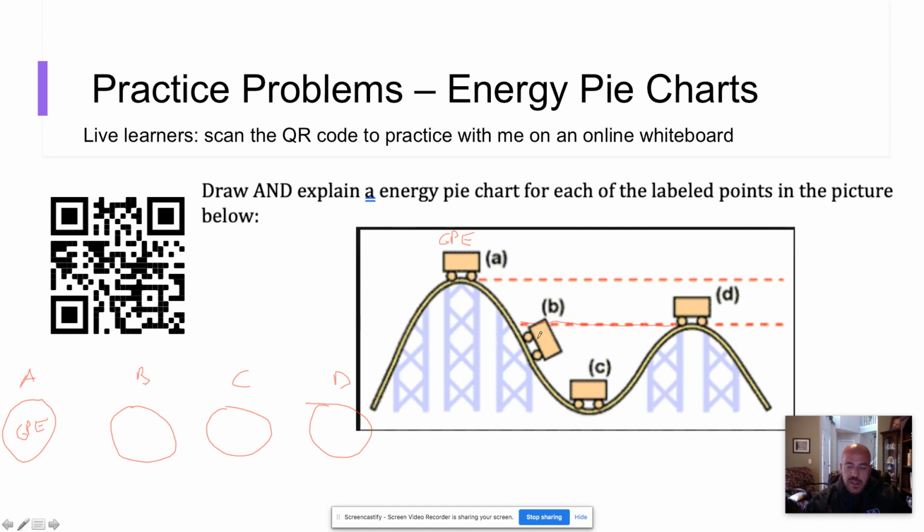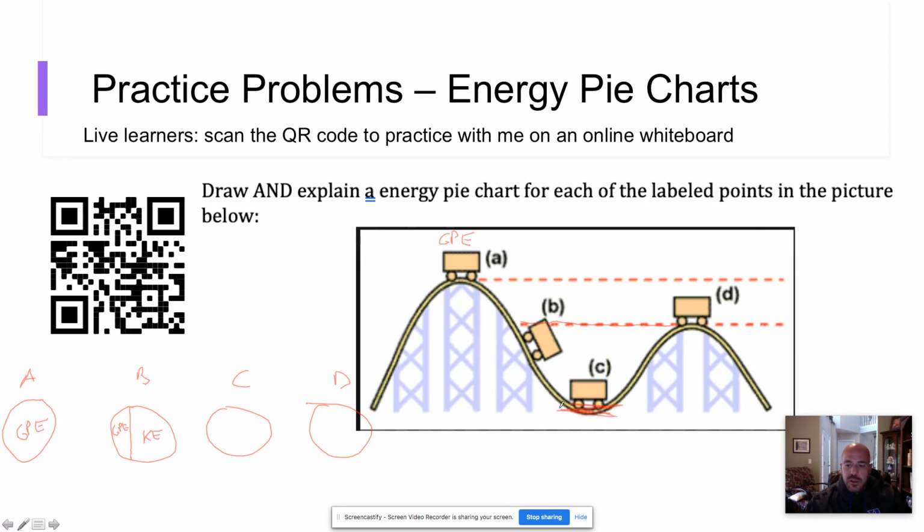So this one is a little more than halfway down. So since it's more than halfway down, is it going to have more potential or kinetic? Should be kinetic. So as long as you have more kinetic energy than GPE, you're okay. If your line's a little off from mine, it's fine as long as the kinetic energy side is bigger.